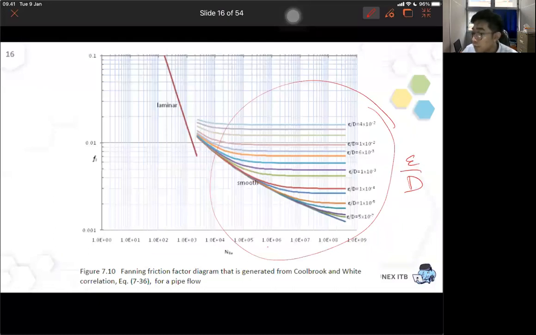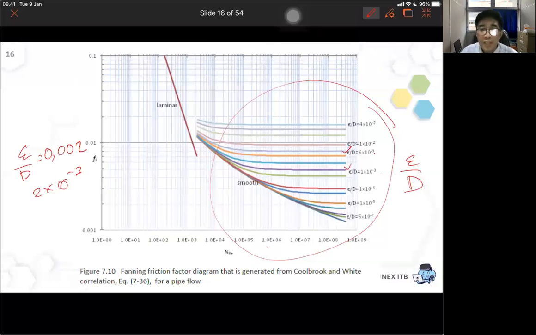But in our case, epsilon over D is 0.002, right? 2 times 10 to the power of minus 3. This line is 1 times 10 to the power of minus 3, and this one is 6 times 10 to the power of minus 3. So 2 times 10 to the power of minus 3 should fall between these two lines.